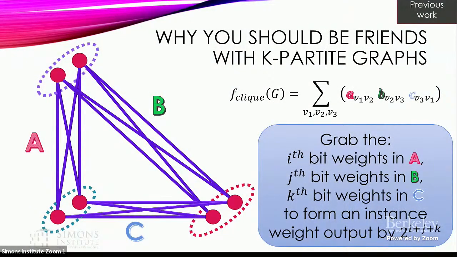Yeah, so the k-partiteness is coming in here because we want to be able to say that we're grabbing the ith bit of a weight in A and the jth bit of a weight in B. If we were totally mixing the graph, it wouldn't be meaningful to say the ith bit of a weight in A, because we'd potentially have cliques that are all AAA edges.